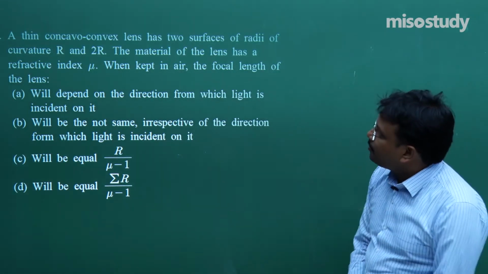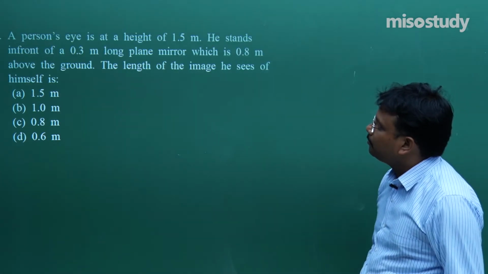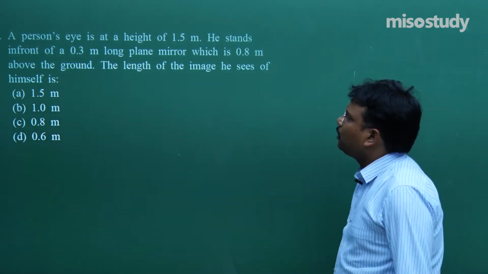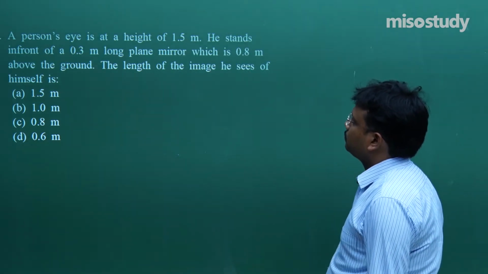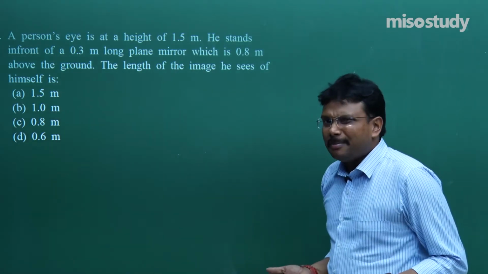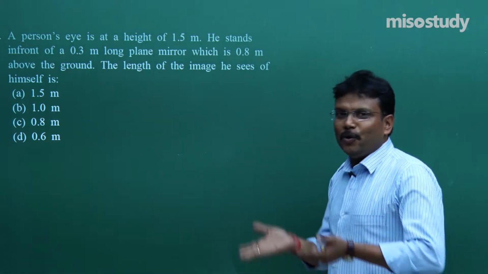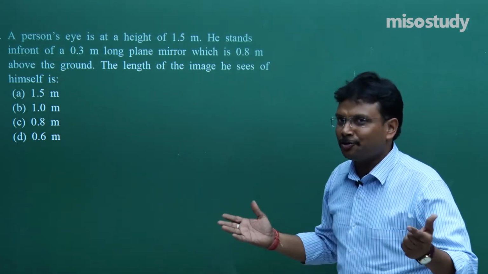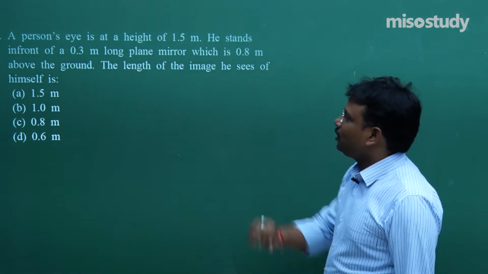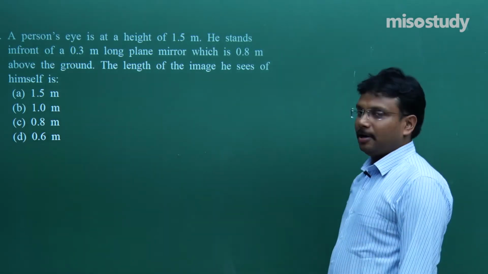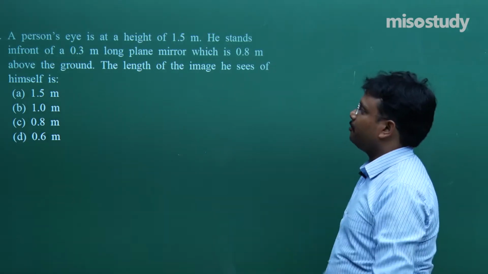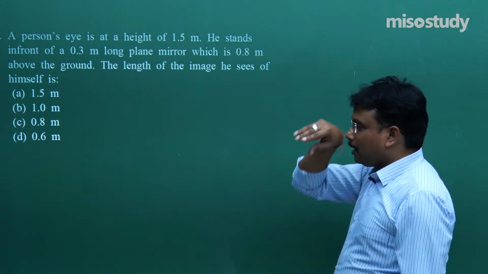So here comes the next problem: a person's eye is at a height of 1.5 meter. Let's say I am not as tall, but let's say that person is a very tall one, 7 feet or so. I am a very small height person. He stands in front of a 0.3 meter long plane mirror, like this, and the plane mirror is in front of him, which is 0.8 meter above the ground.